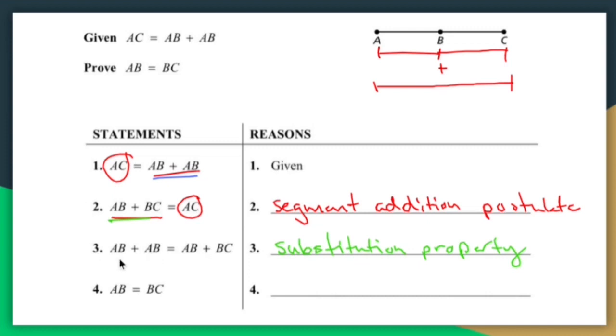There's an AB on the left and an AB on the right. If I subtracted AB from both sides, that would cross out and give me AB equals BC. So what did I do to both sides? I subtracted. So this is the subtraction property of equality.